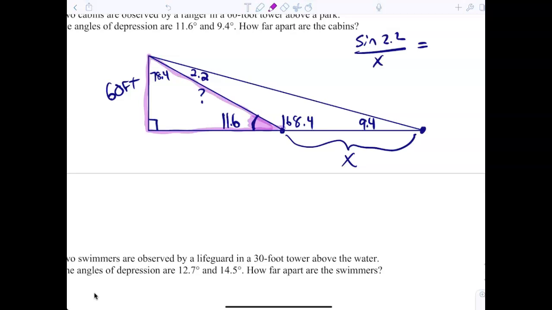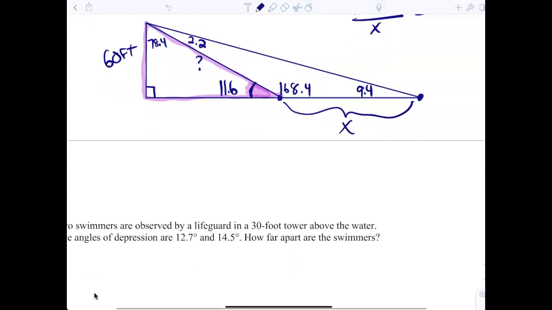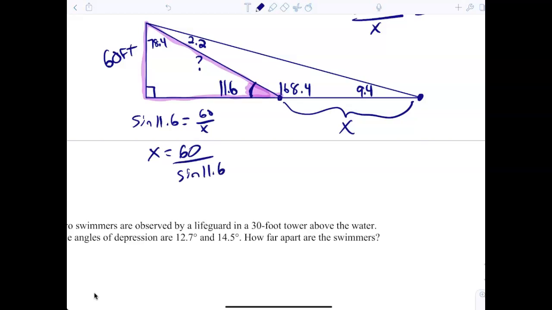So what trig function am I going to use to find that? Sine of 11.6 equals 60 over x. So x is equal to 60 divided by the sine of 11.6.